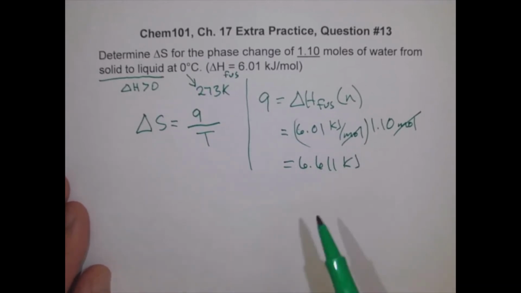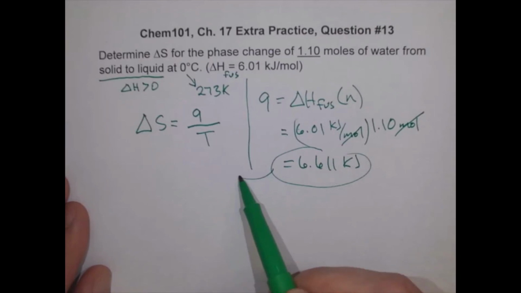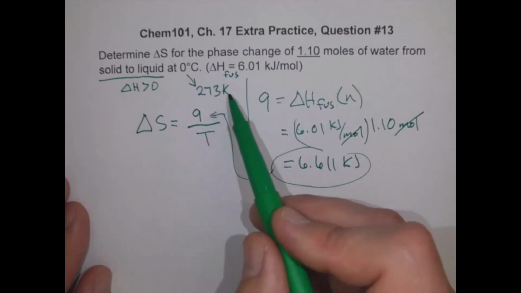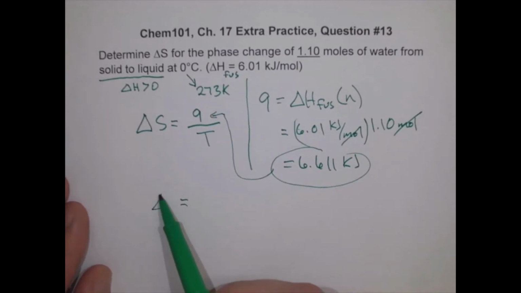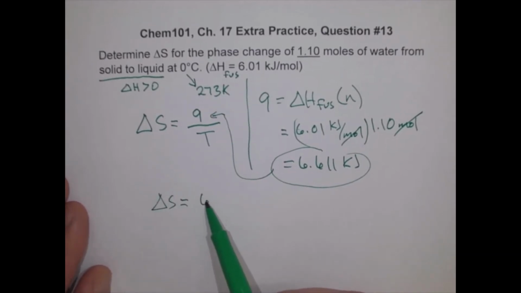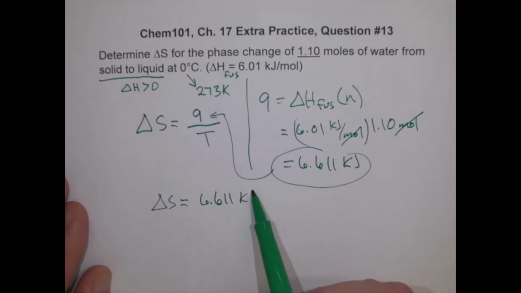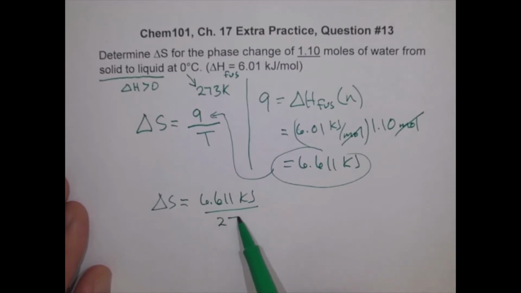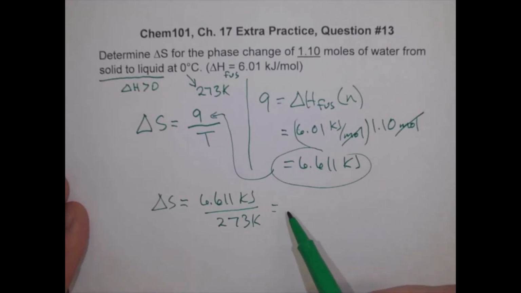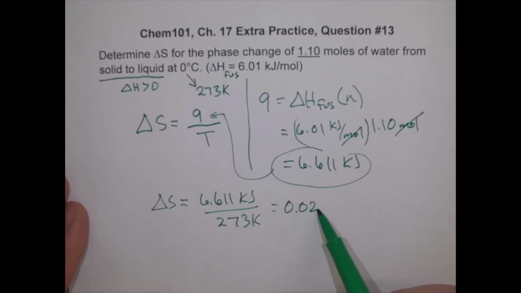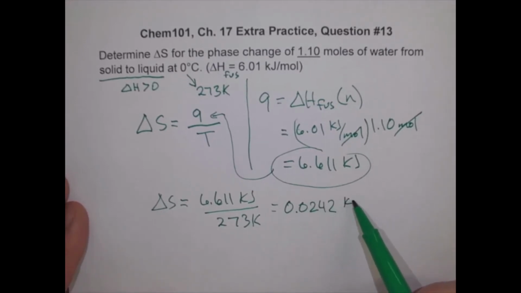Okay. So I'm just going to use that right here in this equation, and I'm going to use this temperature to calculate the delta S. So it's going to be 6.611 kilojoules divided by 273 Kelvin. And if you do that calculation, you get 0.0242 kilojoules per Kelvin.